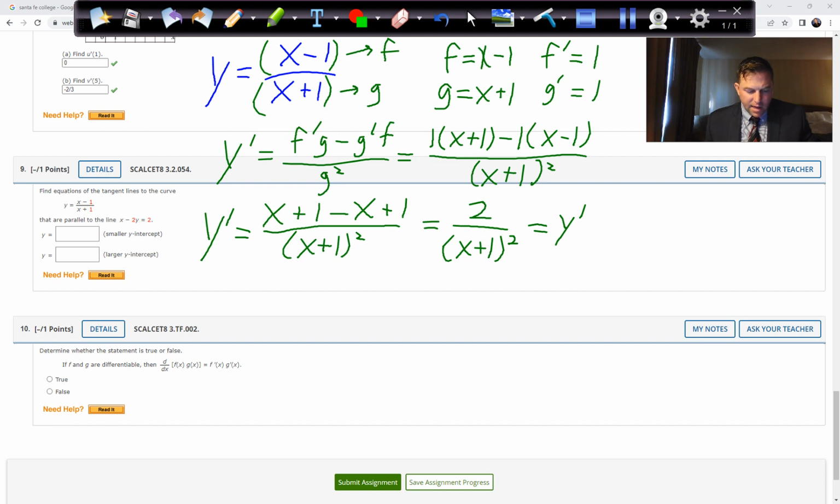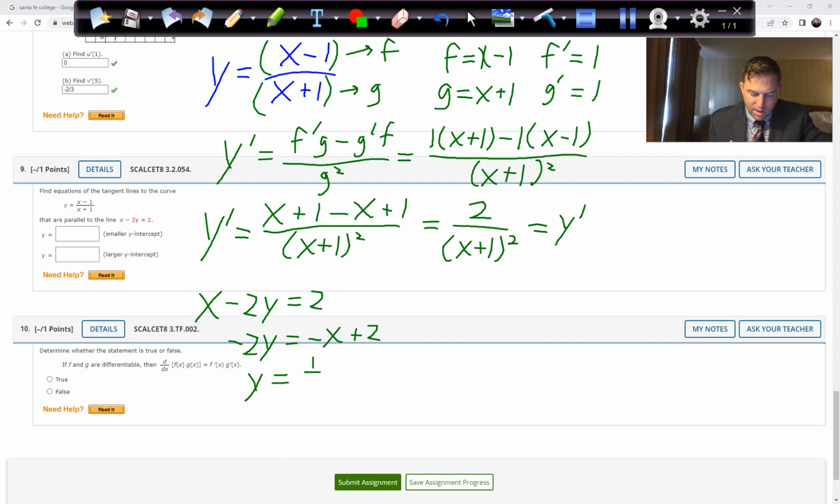Okay, now we want tangent lines parallel to the line x minus 2y equals 2. So this line, first we're going to solve this, so we get negative x plus 2. Then divide everything by minus 2. We'll get 1/2 x minus 1. So the slope is 1/2.